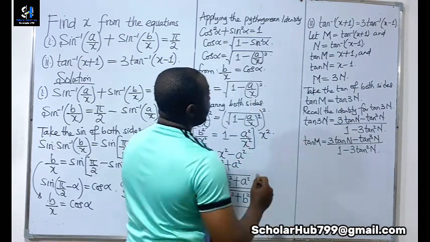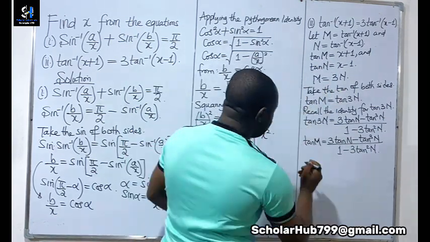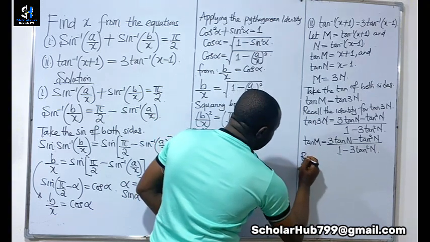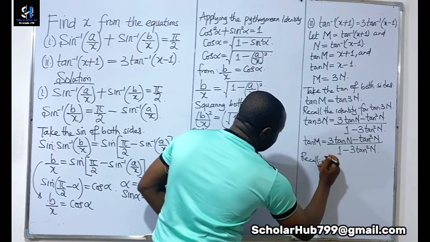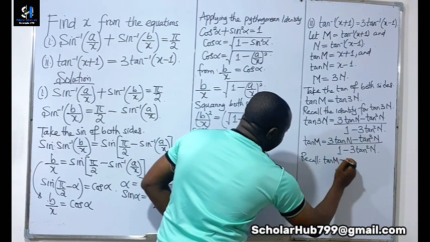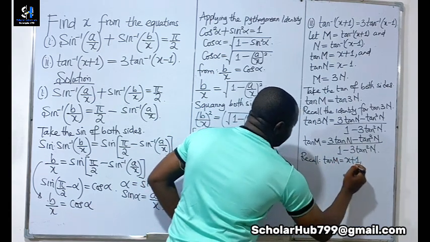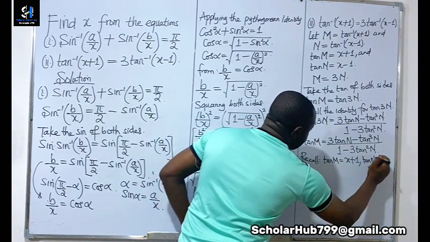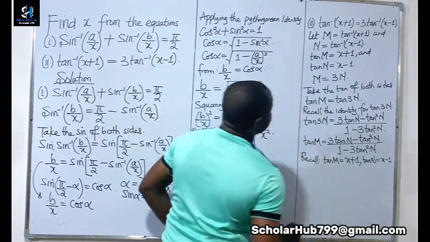So let's go back to what we have here. Recall that tan m is x plus 1, while tan n is x minus 1.